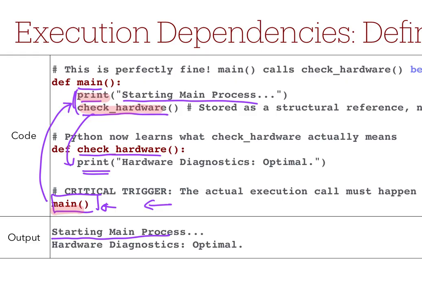So when I go inside the main function right after you call that main function, that point is after the definition of the check hardware function. So at that point, we already have the blueprint for the check hardware function. So when I call the check hardware function inside the main function, there's no problem with it. Okay.